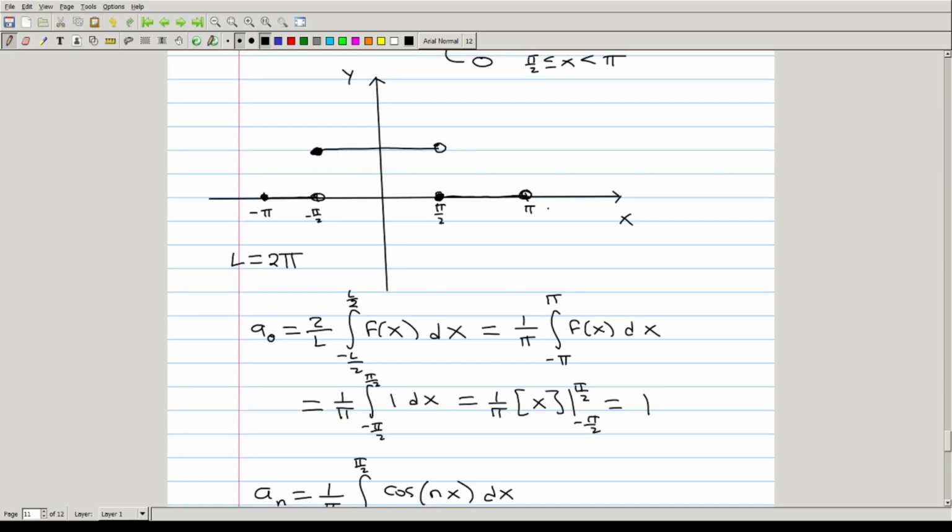Because remember, when you plug in, if L is 2 pi, then 2 over L, like right here, is 1 over pi, and 2 pi n over L is just going to be n.